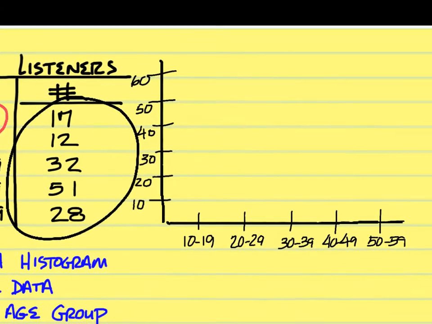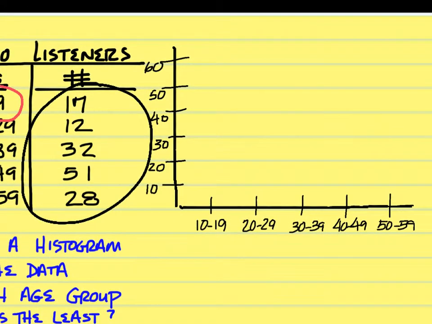Okay, so the information we have to put in is that in the interval from 10 to 19, there were 17 listeners to the radio. So 17 would go more than halfway between 10 and 20. For 20 to 29, we have 12, so that's just barely through there.